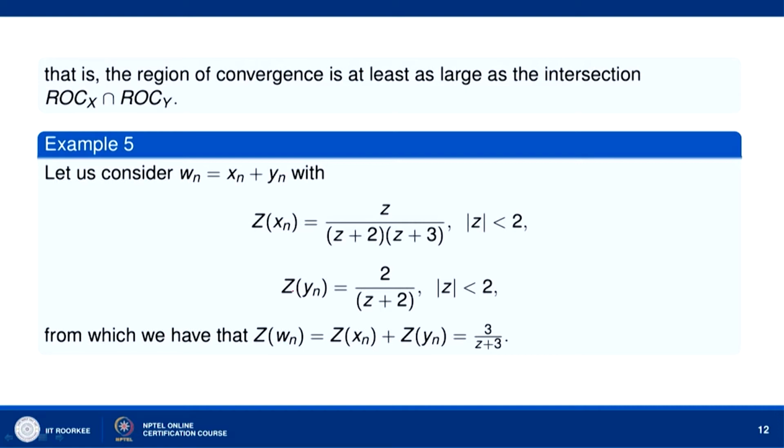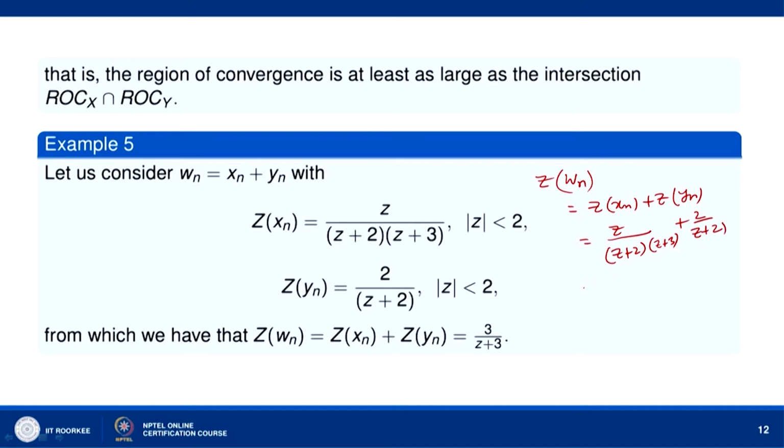So, from this, what do you notice? w[n] is equal to x[n] plus y[n]. So, Z transform of w[n] equals Z transform of x[n] plus Z transform of y[n], and this will be equal to (z+2)/((z+2)(z+3)) plus 2/(z+2).